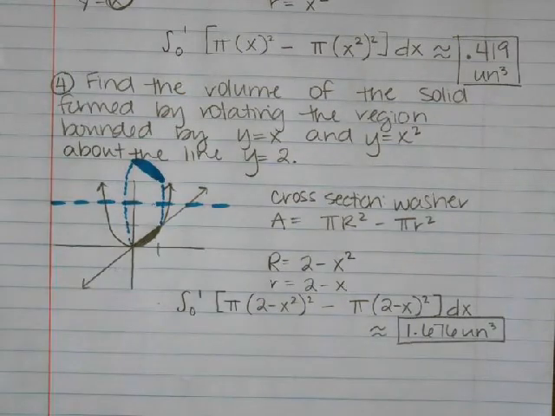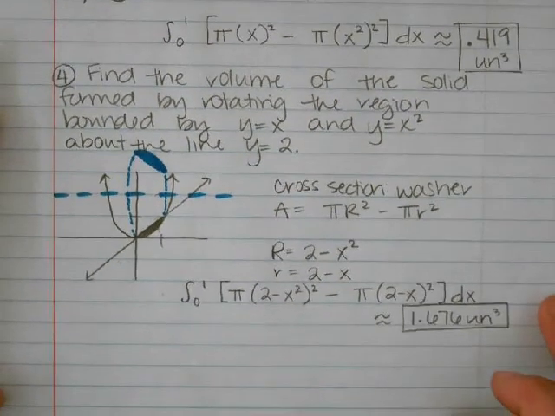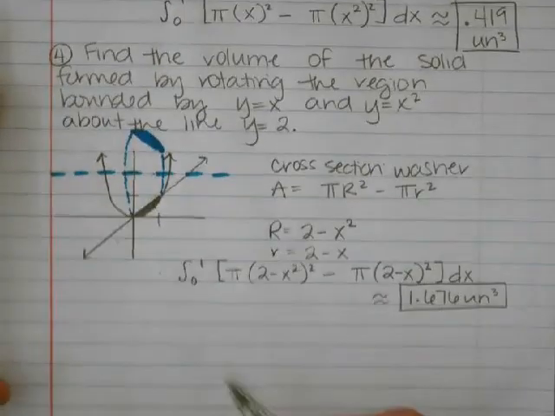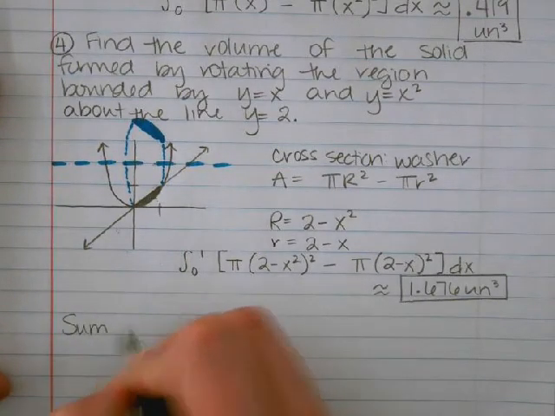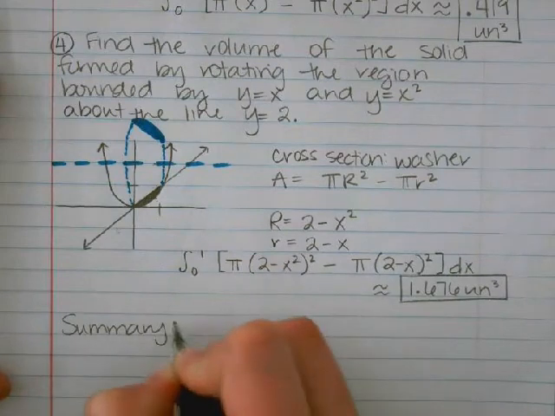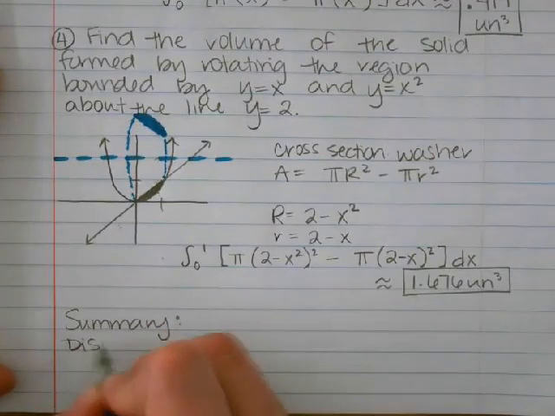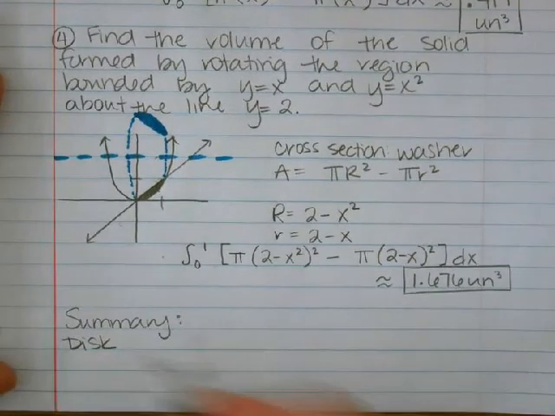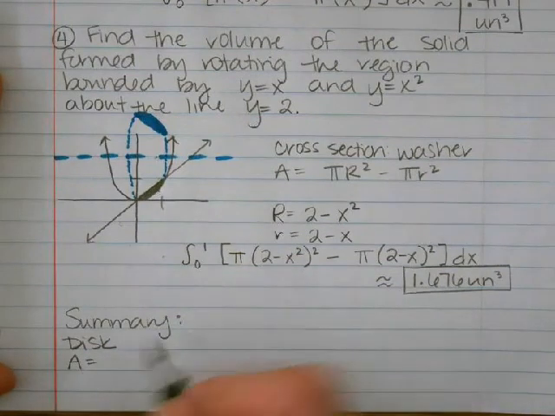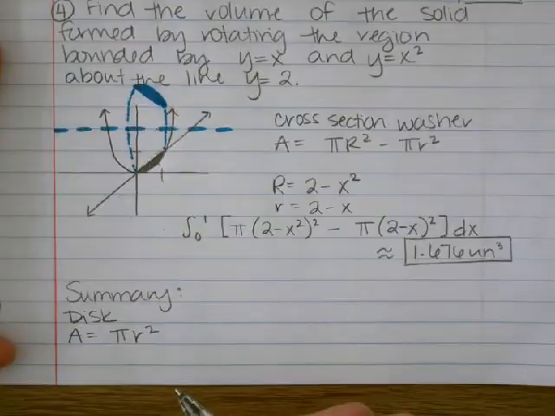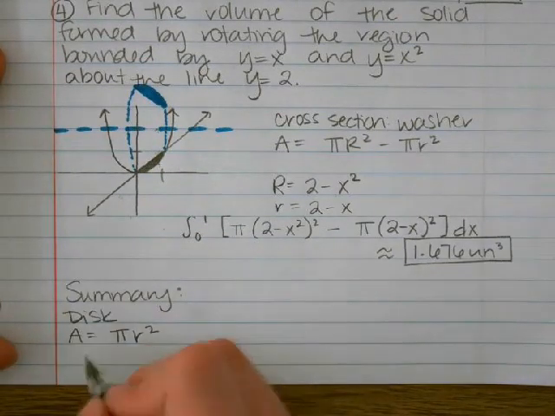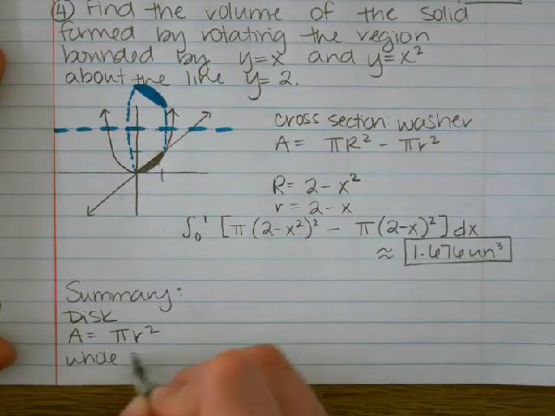All right, so we're going to do a little summary. We'll do more of a summary in class just to bring this all together and do some more examples. But a couple things to summarize: for a disc shape, your cross-section is just a circle, with area pi r squared, and you're going to notice that the whole shaded region touches the axis of rotation.